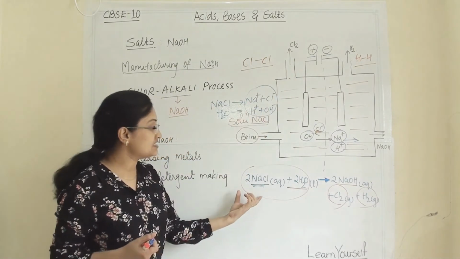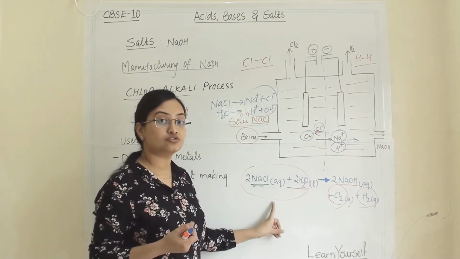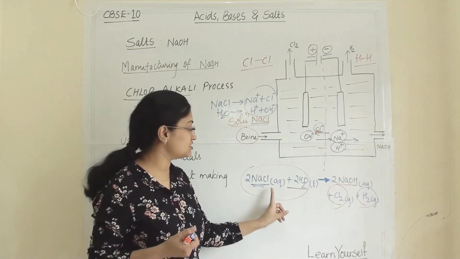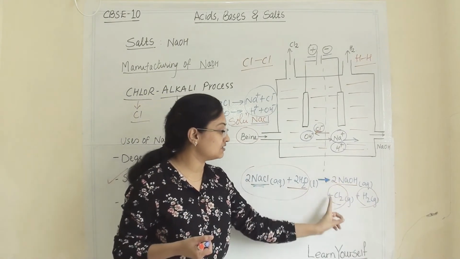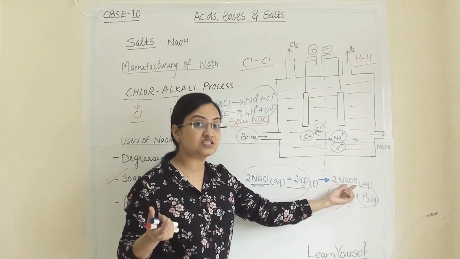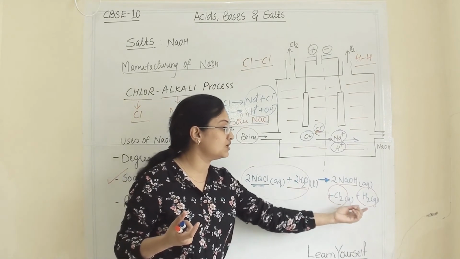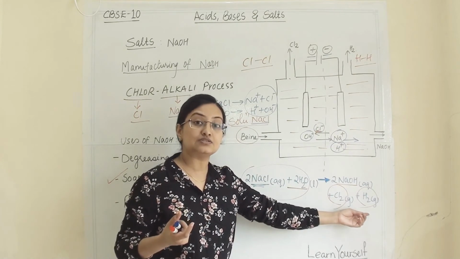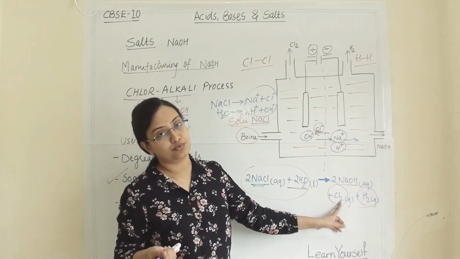And this is the equation for this manufacturing process. This is also termed the electrolysis of sodium chloride. So from this we will get three products. In this, sodium hydroxide is the important product. It is our desired product. Along with that, two other products we will get. These two are also equally important in the manufacturing process.